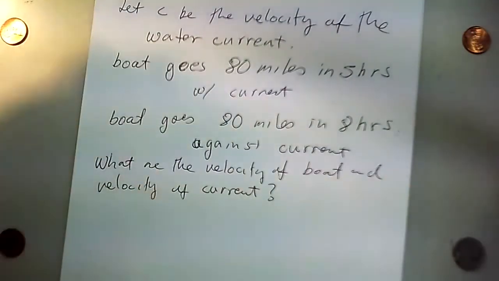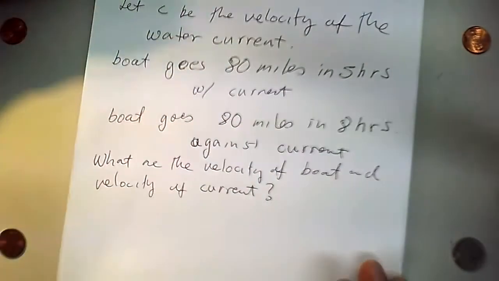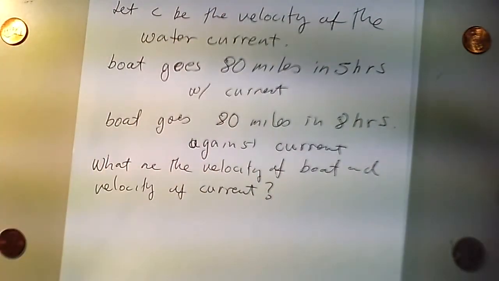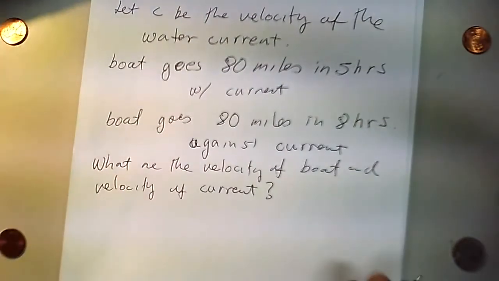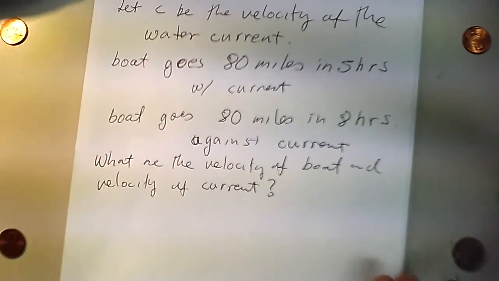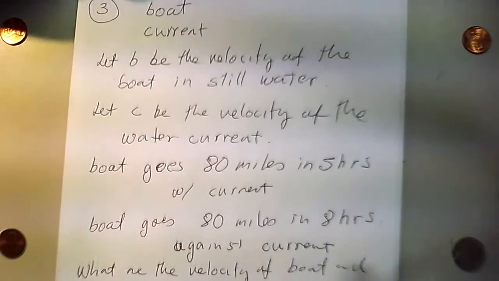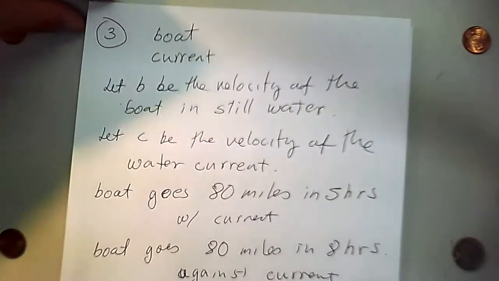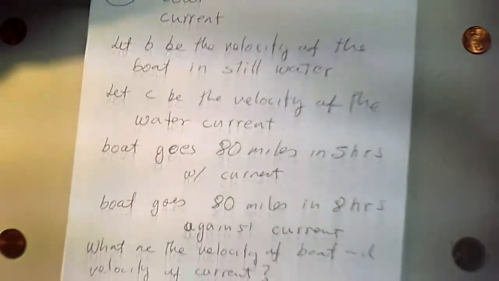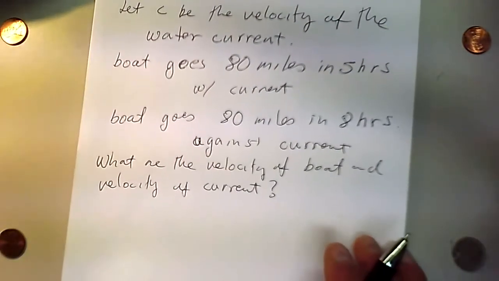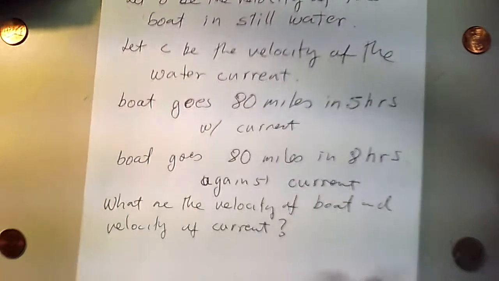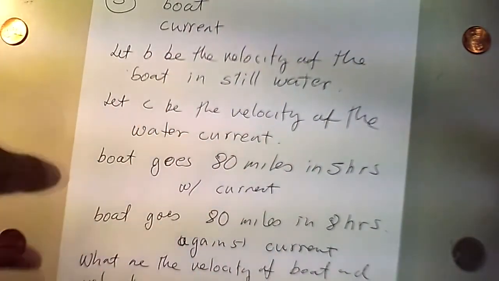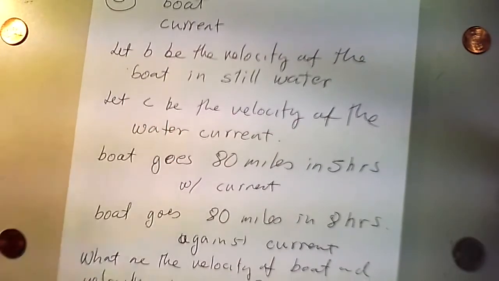So we're assuming that everything is ideal, that from the beginning to the end, the boat is going at the regular velocity. Somebody could say, well, that's not realistic. Perhaps, but we're going to get really close to the answer. Anyway, the question is, how fast are they going? We don't know how fast the boat is going individually and how fast the current is going individually, but we can figure this out.